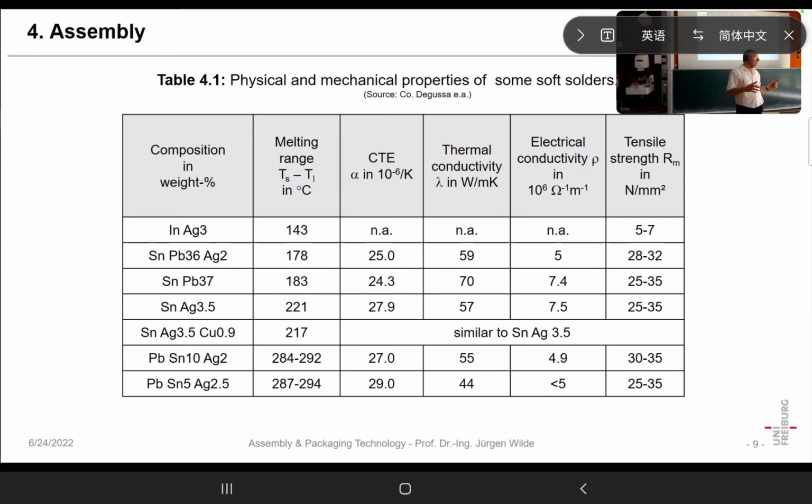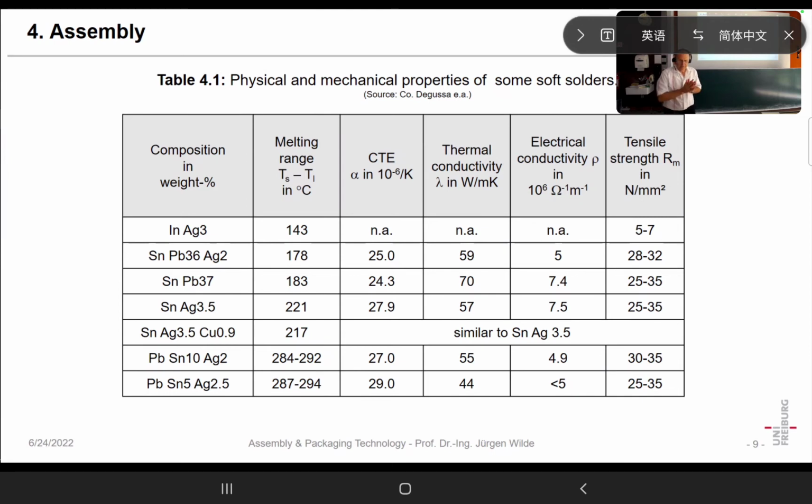And here we can solder down to 118 degrees centigrade. The trick is that later on we make a certain heat treatment, and then the melting point can go up to 400 degrees centigrade. So that's one of our projects. But next time, we'll see more about solder alloys we can use here.